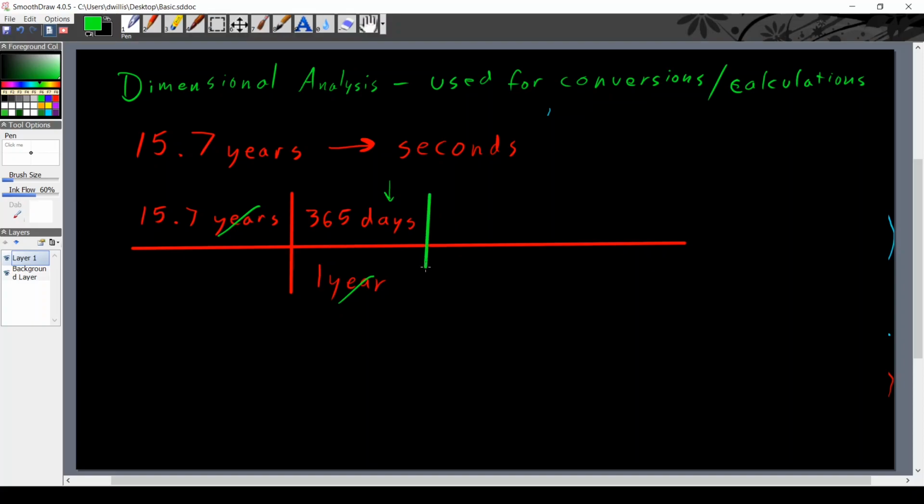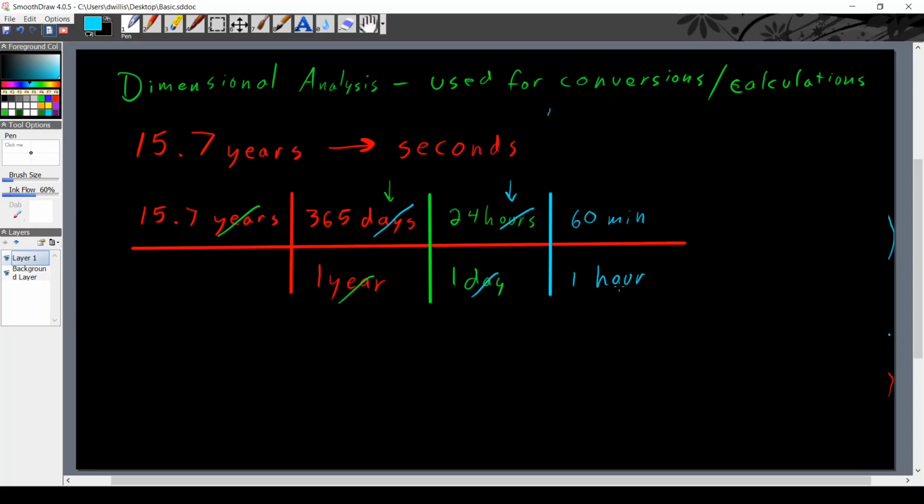Okay, so, all right, now we happen to know that 1 day, and again I'm going to put the days underneath so that it will cancel, is equivalent to 24 hours. All right, and so I'm going to then get rid of my days. And so now we're down to hours, but I'm trying to get down to seconds, okay? And so let's just continue our march. We're now trying to get rid of hours, so let's put hours on the bottom. I know that 1 hour is equal to 60 minutes.